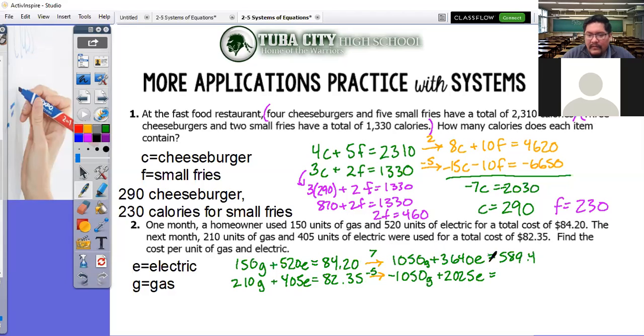So this would be 411.75. Okay, hopefully I didn't make any mistakes there. Let's go ahead and put them together.